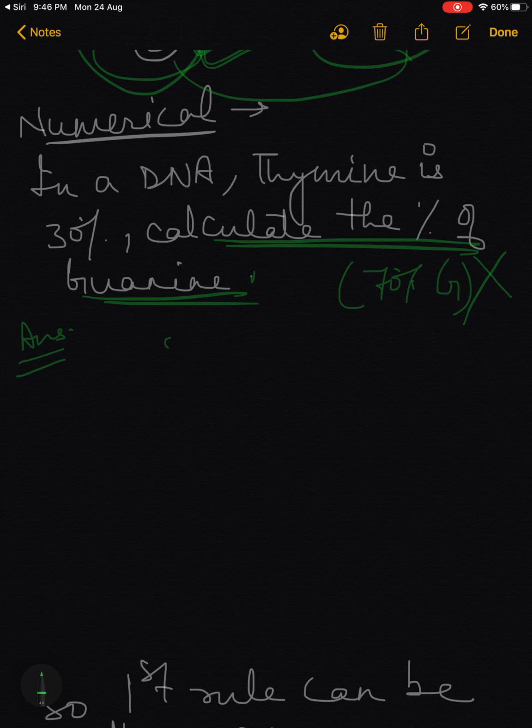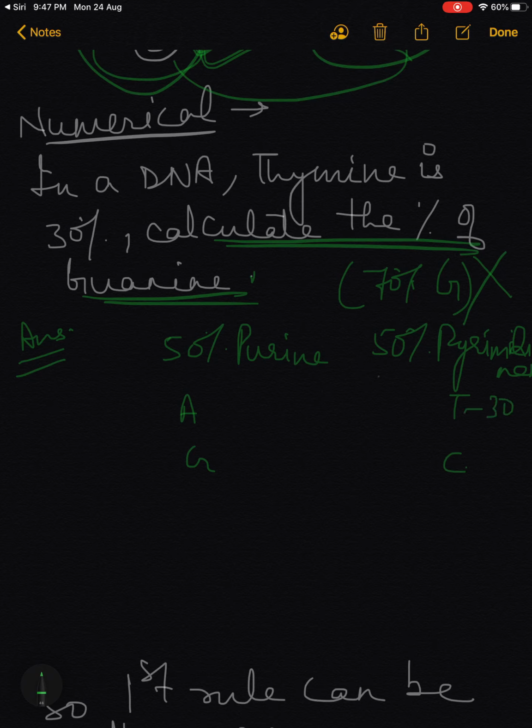remember that the DNA nitrogenous bases are divided, so 50% are purines and the other 50% are pyrimidines. Purines are A and G and pyrimidines are T and C, and they have said that thymine is 30%.